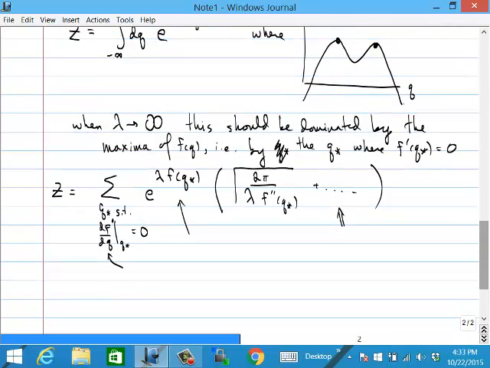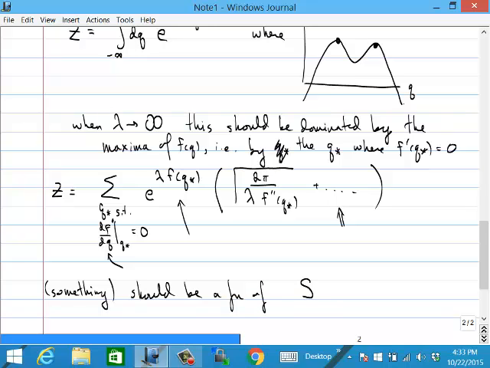In particular, the integrand of the Feynman path integral should be a function of the action.